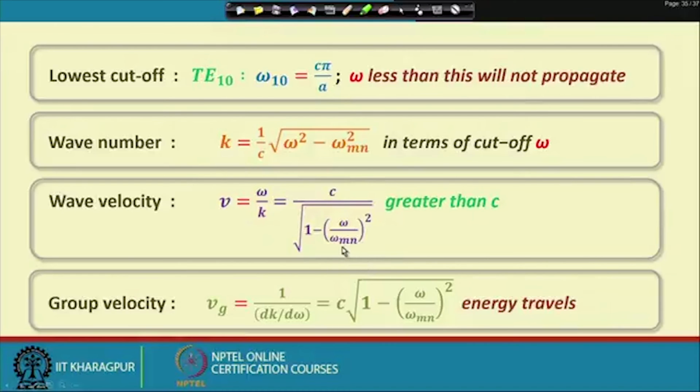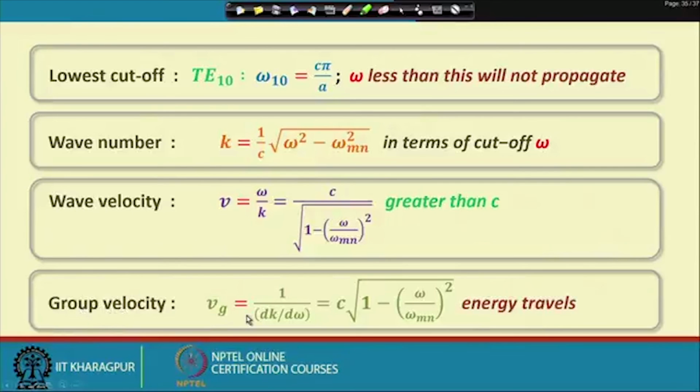For example, I look at the TE10 wave, then this omega will be omega 10, and if I substitute this value, I know that the wave velocity will be this. So, for various modes the propagation velocity will be different, and as they propagate along the structure, they will develop a phase difference. We will utilize this property in some device applications.